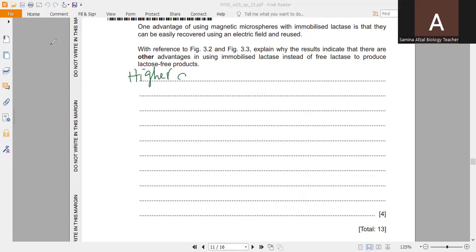Higher activity at high temperature. So this is the first point.